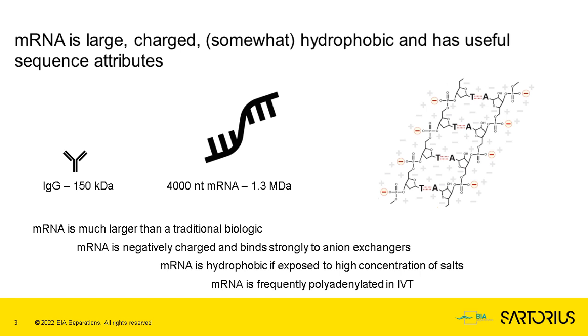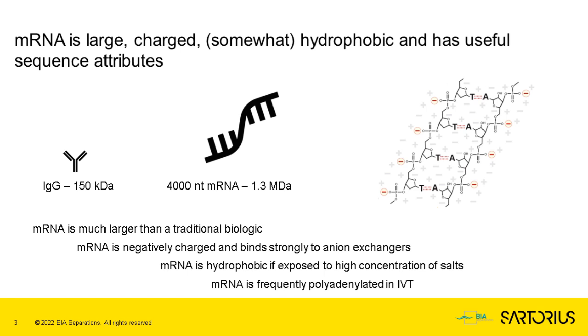This should put it by all means into a different category of biomolecules, bringing with it both advantages and opportunities for purification, as well as, of course, significant processing challenges, which I'll address later on.